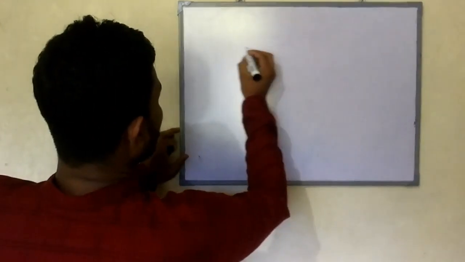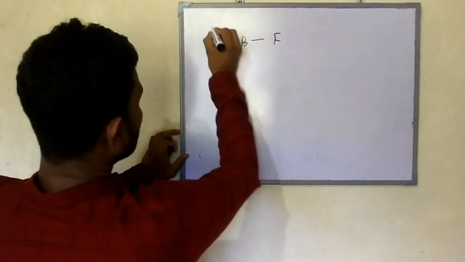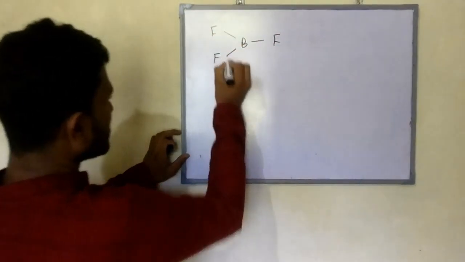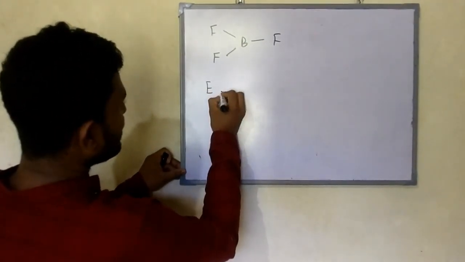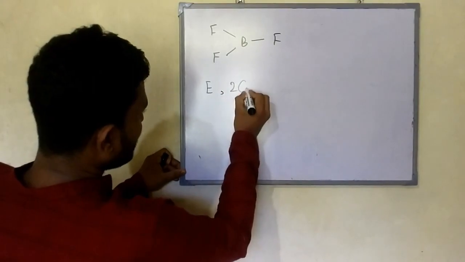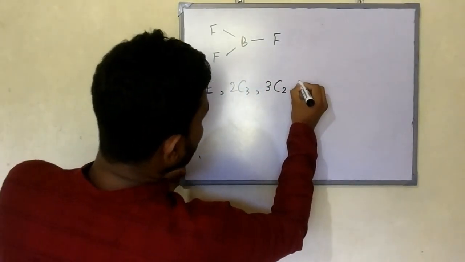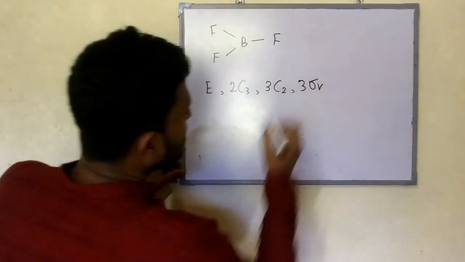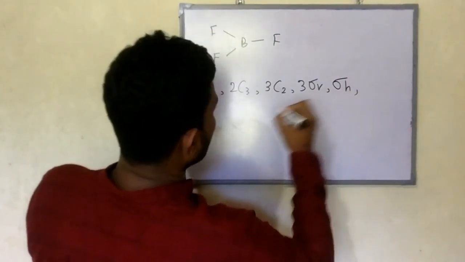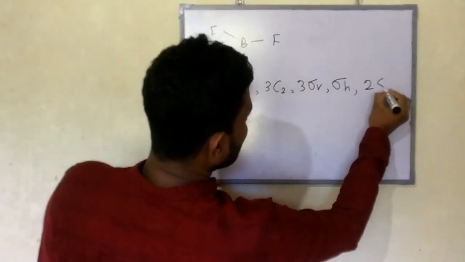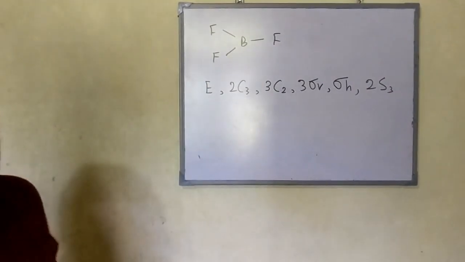If we take the example of BF3, you can take the symmetry elements like this: E, 2C3, then 3C2, 3 sigma V and sigma H, also 2S3. So these are the symmetry elements in the BF3 molecule.